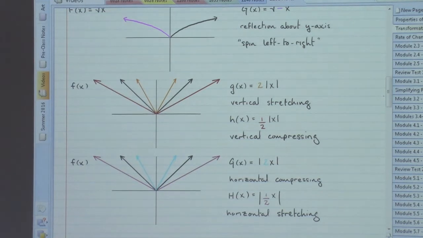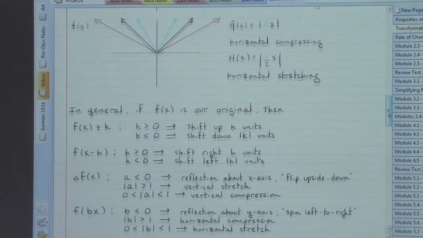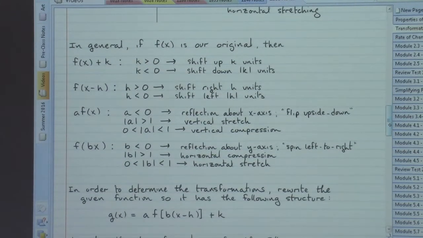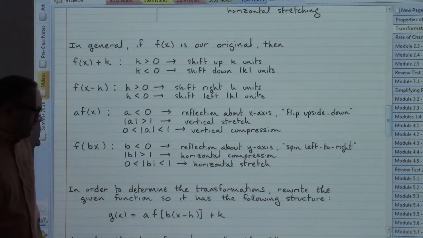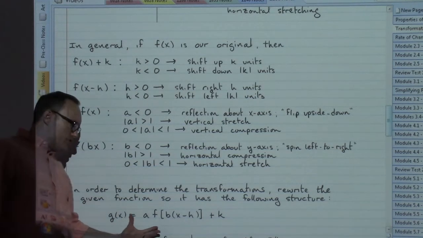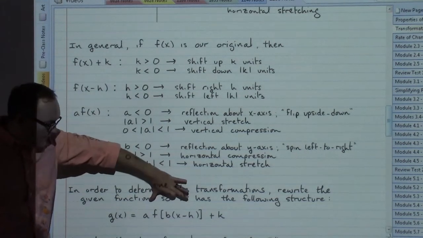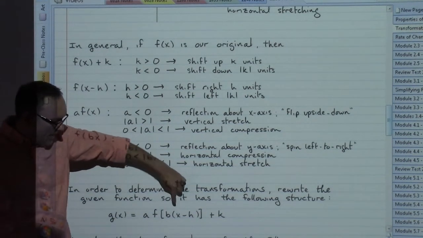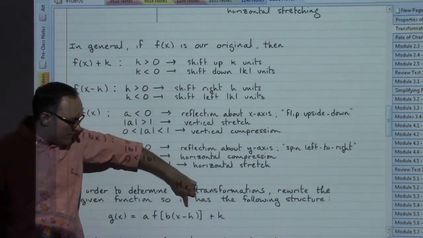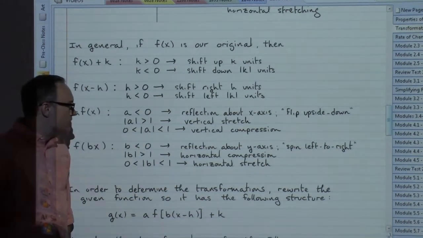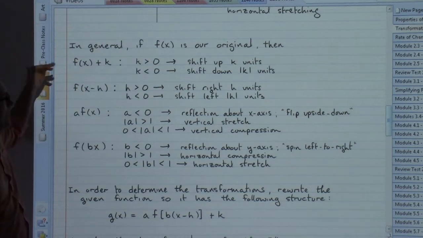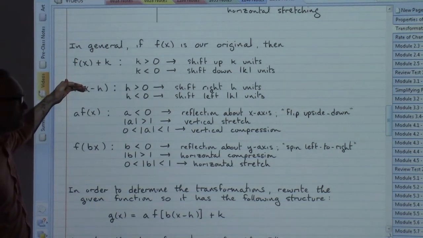What this means for us then is that all together, we can have a list of these comments about how things are going to have to work and kind of a generic version of what things look like here. So if we've got our original function and there's stuff going on inside of it, what does that come back to? That comes back to any kind of shift left or right.